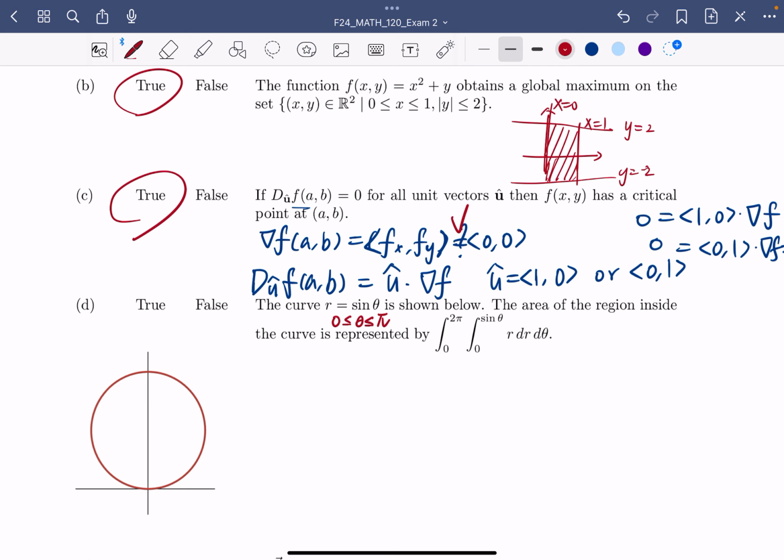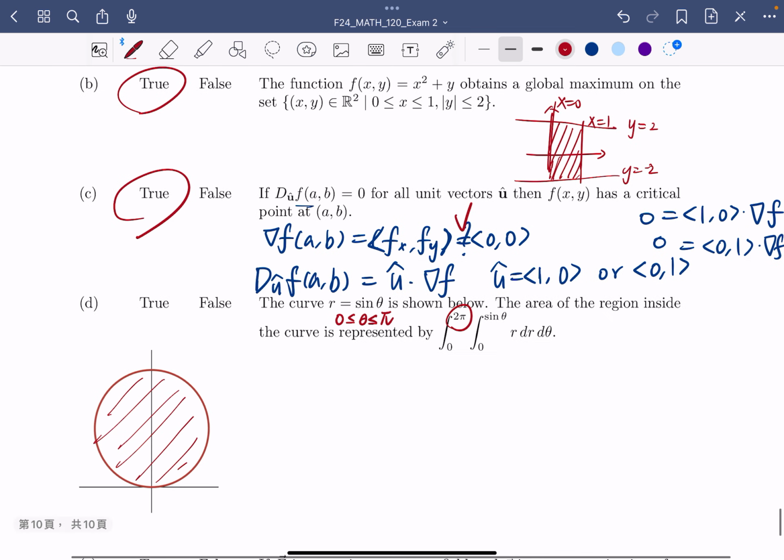So the area of the region inside this curve is given by the polar integral. But now we sense something not so rational here, because theta exceeds the reasonable region for theta.